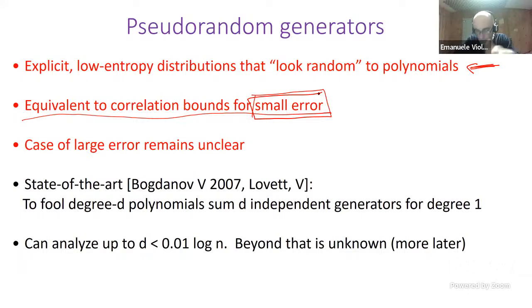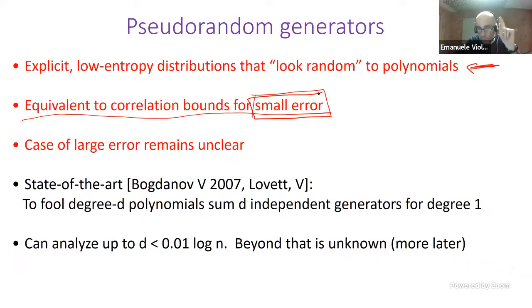And the way around is known if the correlation bound is proved under the uniform distribution. This is via Nissan's famous design construction. If I give you a correlation bound with very small error for the uniform distribution, you can construct a PRG. I don't know what happens for large errors. So conceivably, you can have a generator which has constant error and is completely unrelated to correlation bounds for small error.